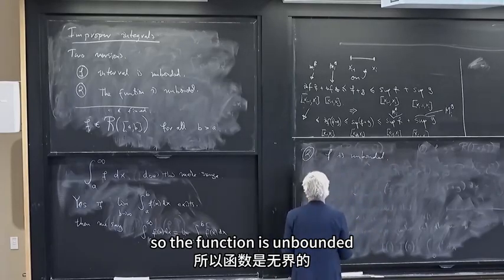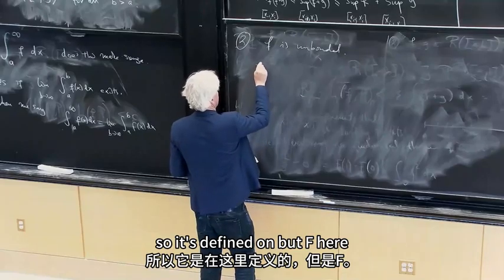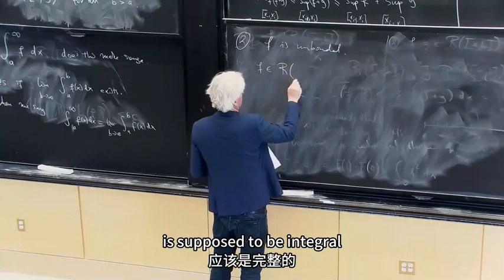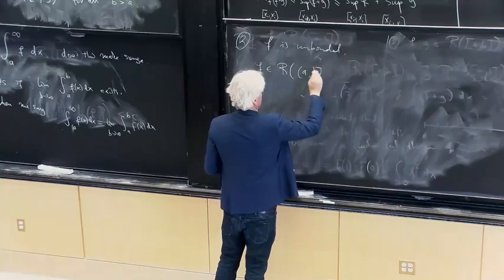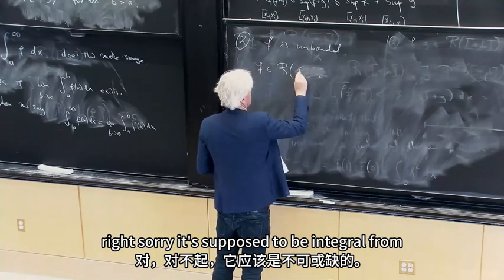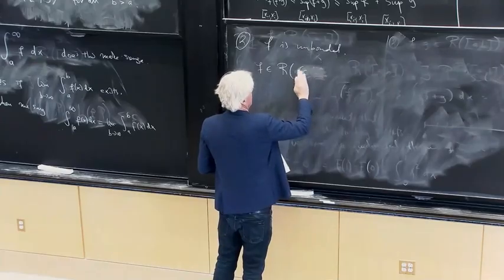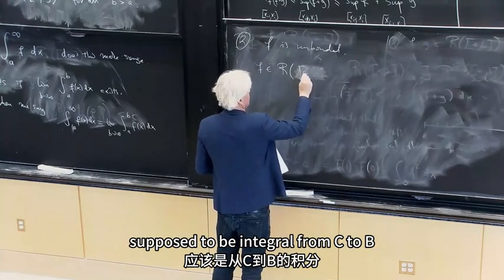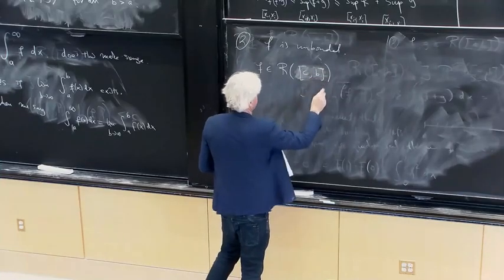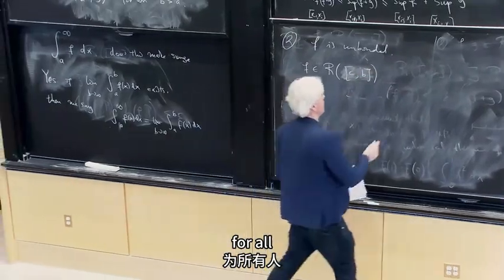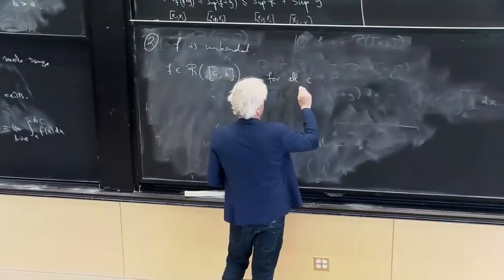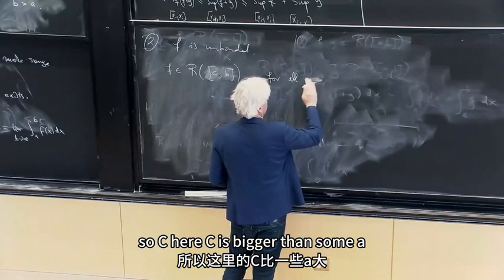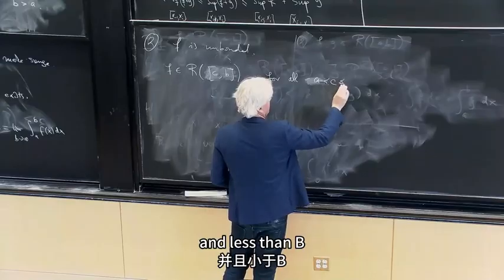So the function is unbounded, but f is supposed to be integrable on, sorry, from c to b for all c bigger than some a and less than b.